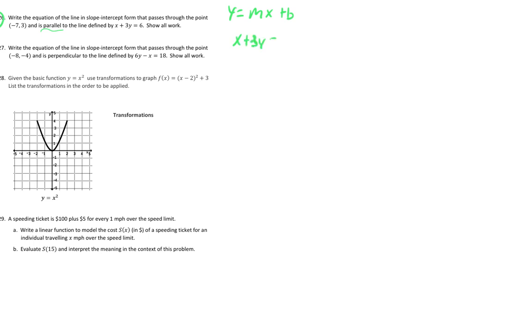So we can find the slope of that line by solving for y. Subtract x from both sides, and then we'll divide by 3. Okay, now we know the slope because it's the thing in front of the x of the other line.